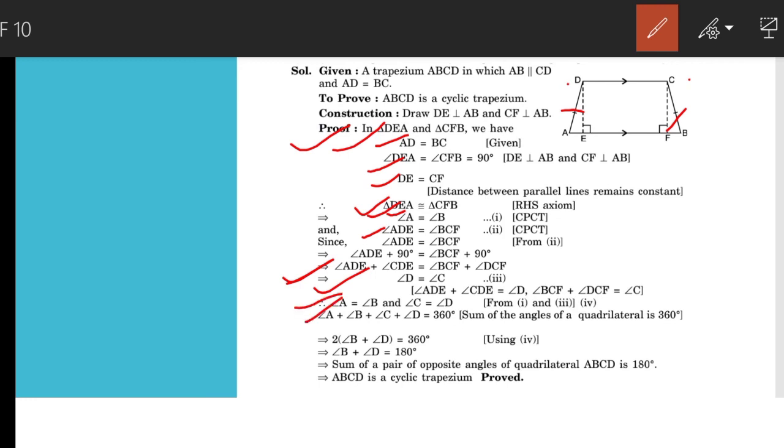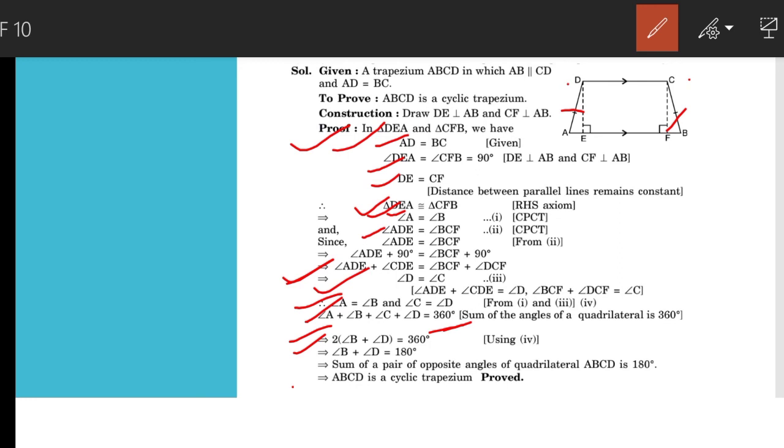Now we know that the sum of all the angles of a quadrilateral is 360. For a triangle it is 180, for a quadrilateral it is 360. So in place of A we will substitute B, and in place of C we will substitute D. So we will get 2B and 2D. We can write it by taking 2 out as common: 2 times angle B plus angle D is equal to 360.